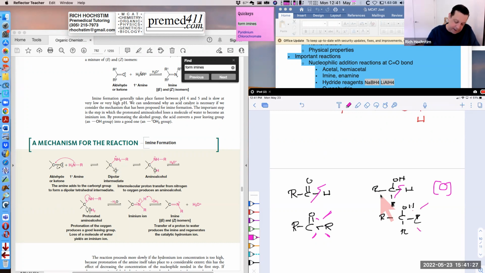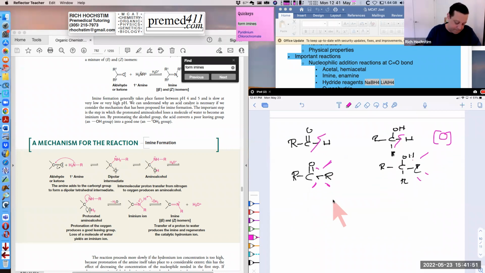There's no way you could cut it. So what's the commonality? It turns out that this carbon is partially oxidized. And partially oxidized carbon is like a thread on a sweater where you can pull on it and it will fall apart. But if there isn't a thread, if that hydrogen isn't there, then you have a very hard time doing it, except by unusual reactions that are not in the MCAT.